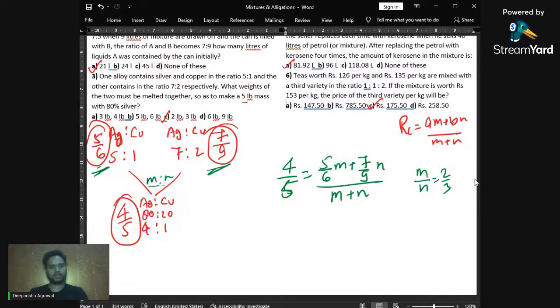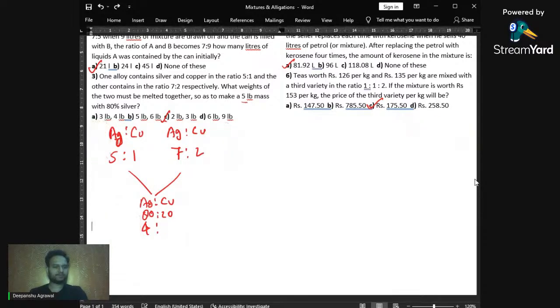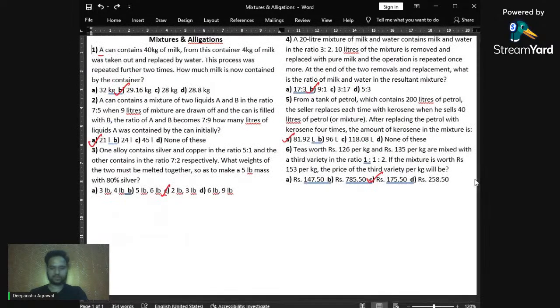The alternate way of doing this question only was that, as you can see, if exactly this question comes, I have to make a 5 lb mass of 80% silver, so as you can see, only one option is having the sum equal to 5.